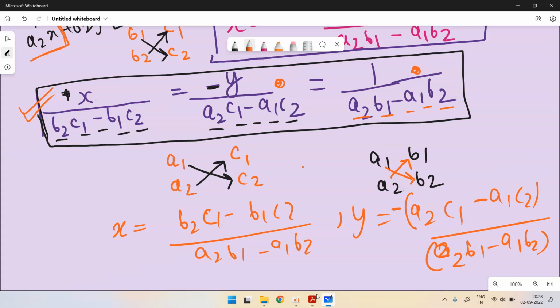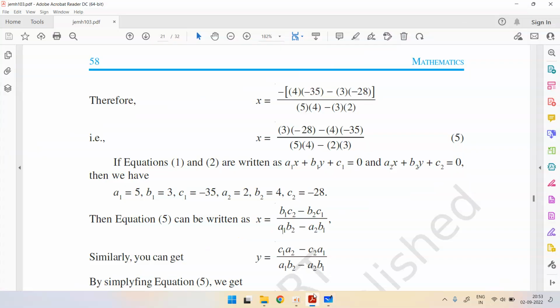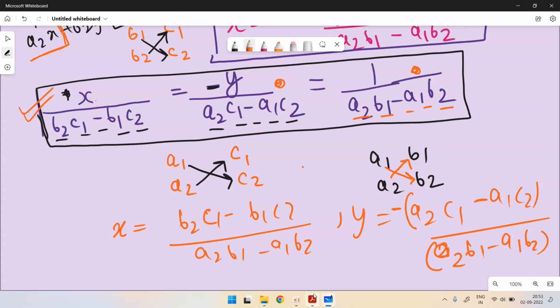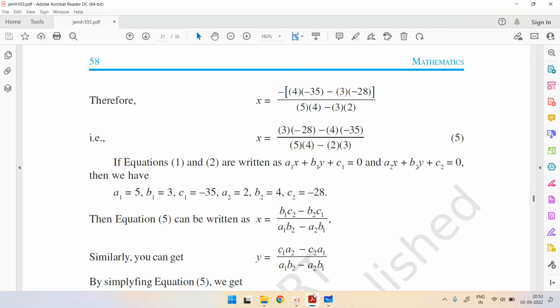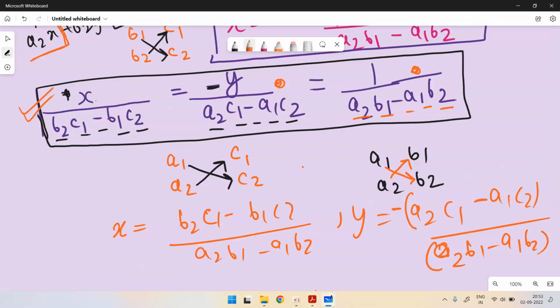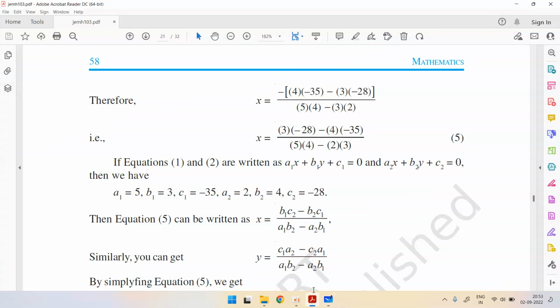And if here I take minus common, it is b1 c2 minus b2 c1 over a1 b2 minus a2 b1. This is the same. Now next, y is c1 a2 minus c2 a1 by a2 b1 minus a1 b2.